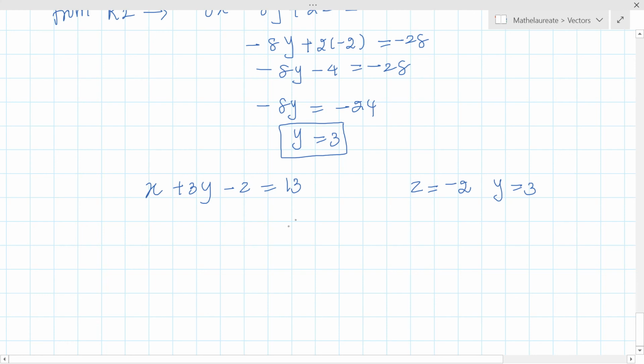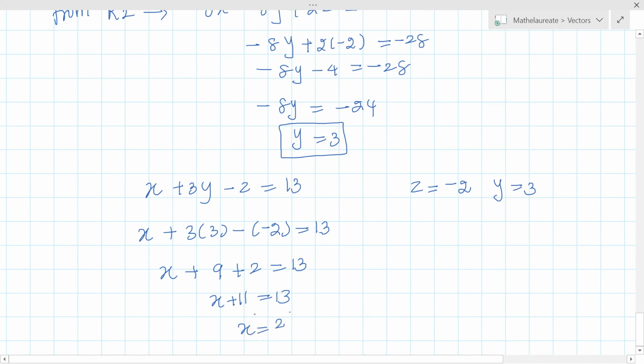You plug in these values. So you'll get x plus 3 times 3 minus minus 2 equal to 13. x plus 9 plus 2 equal to 13. x plus 11 equal to 13. And x equals 13 minus 11, which is 2.